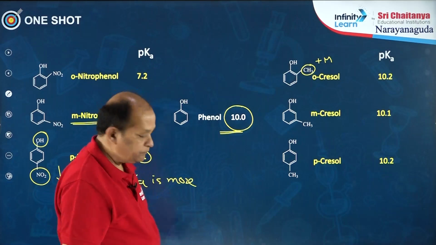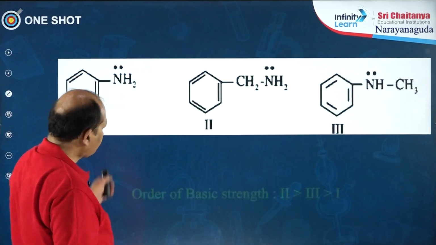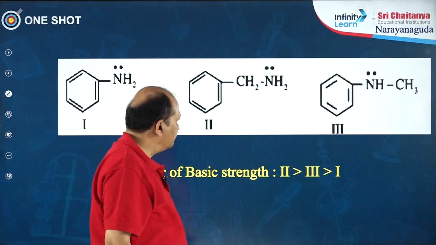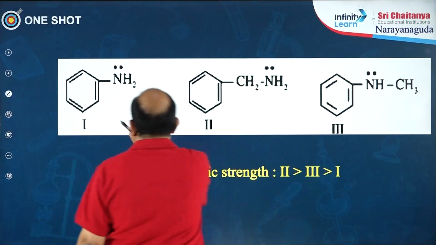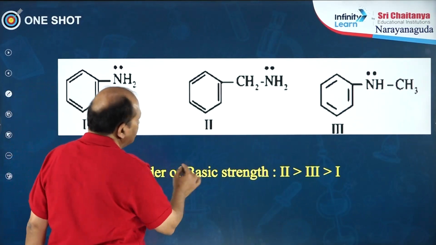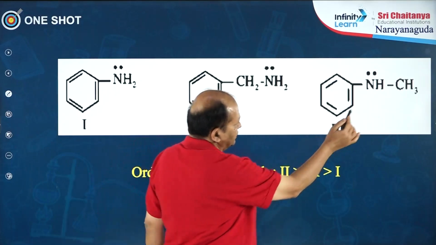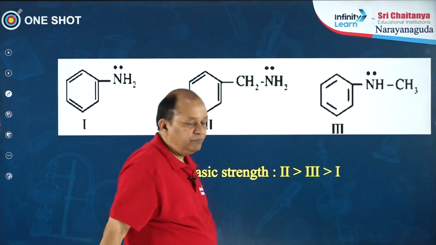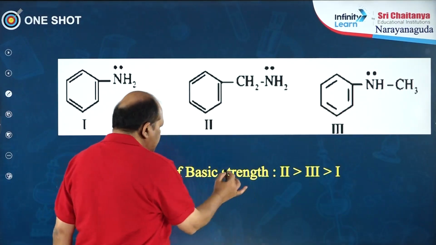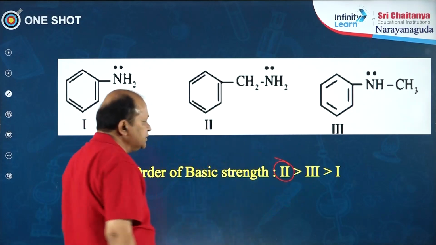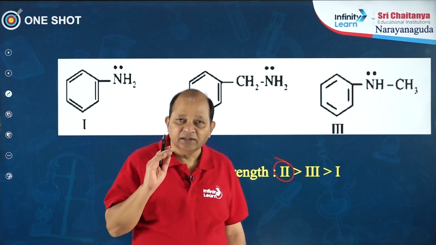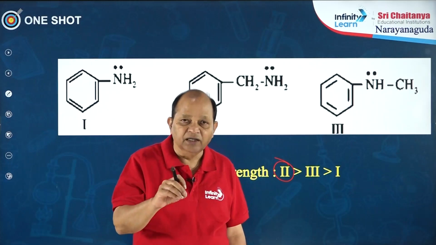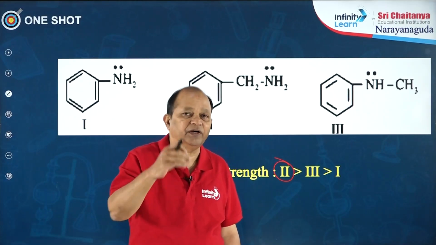Okay. The next one, here the comparison of basic strength of different compounds. Here we have aniline, benzylamine, methylaniline. So, here the basic strength of compound 2 is more. See, the basic strength basically depends upon the availability of electron pair for donation.